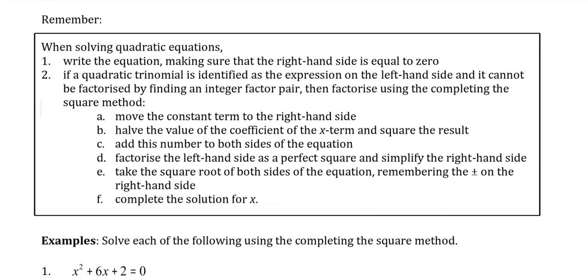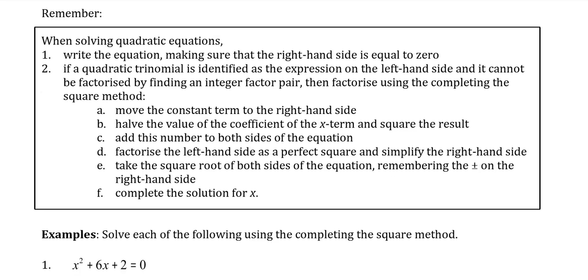Okay, remember, when solving quadratic equations, write the equation making sure that the right-hand side is equal to 0. If it's a quadratic trinomial, identified as the expression on the left-hand side, and it cannot be factorized, find an integer factor pair and then factorize using the completing the square method. So to do that, we move the constant term to the right-hand side. This is part B, the formula that we have.